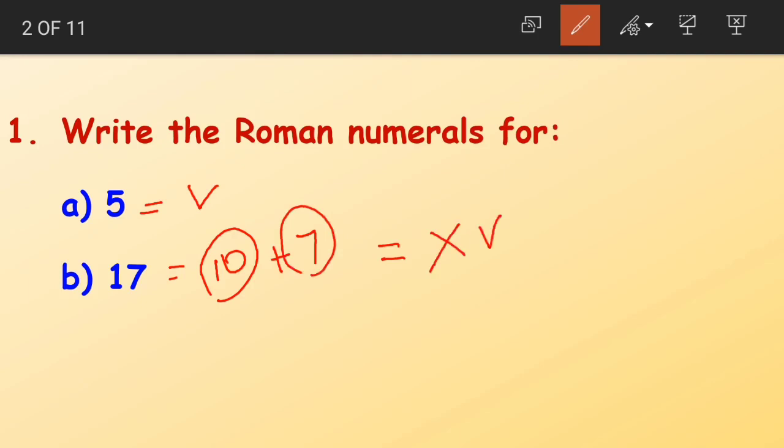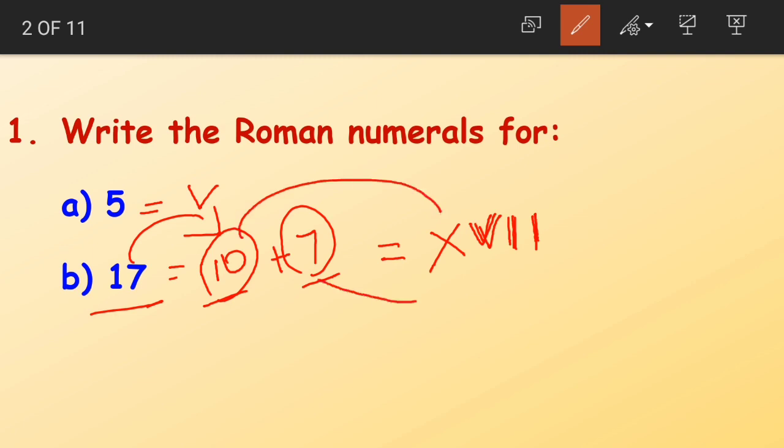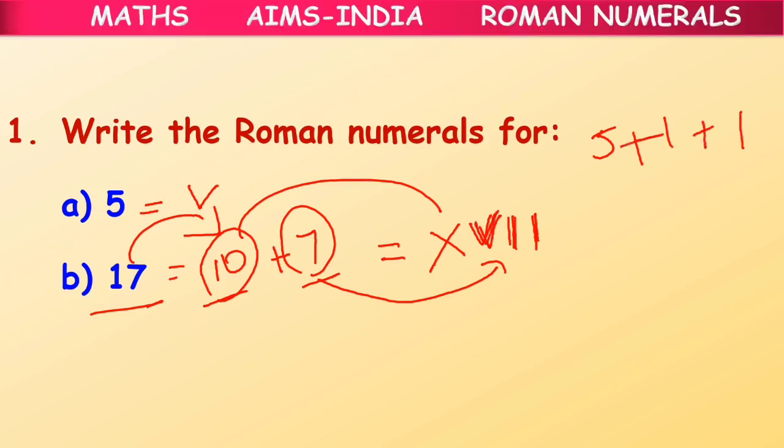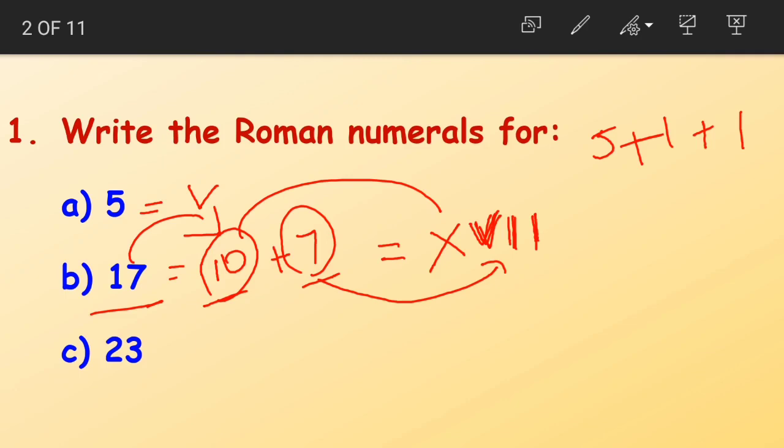We write it as 5 plus 1 plus 1 equals 7. Understood children? For 17, first we wrote the expanded form, 10 plus 7. 10 equals X and 7 is written as 5 plus 1 plus 1, which equals VII.